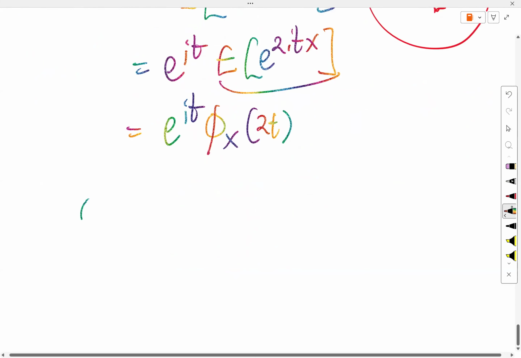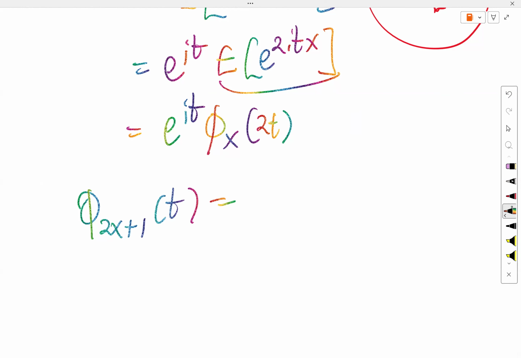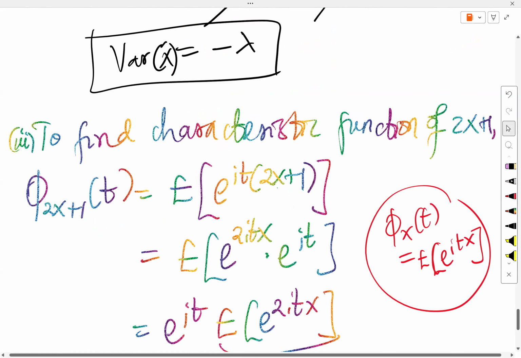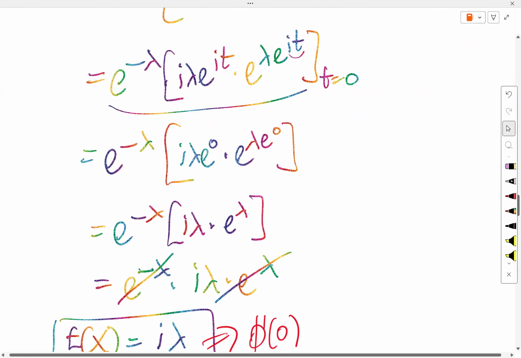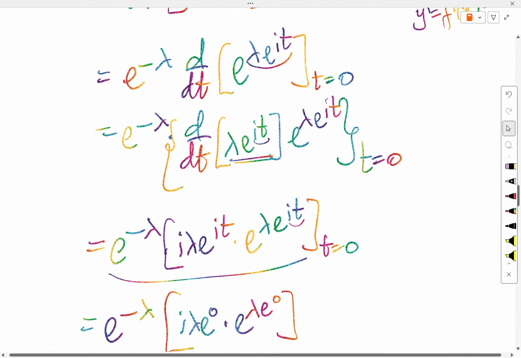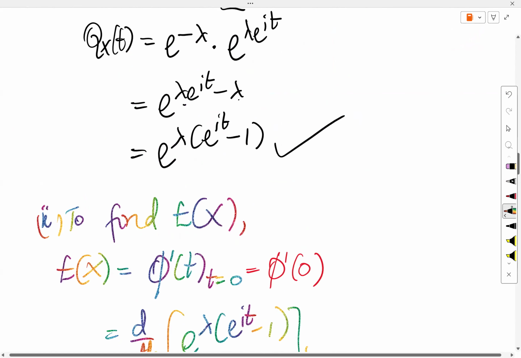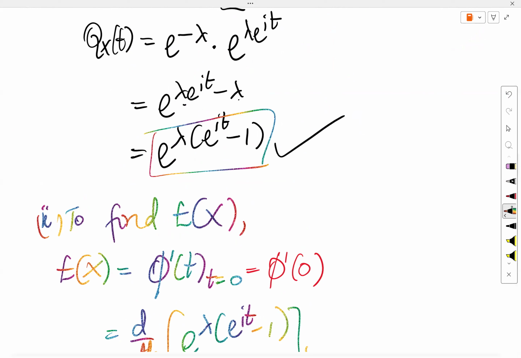And with this, we can simply say that the thing we're looking for, phi of 2x plus 1 of t, is simply the same thing as e raised to power it, multiplied by, you remember, the phi x of t that we got initially. The phi of x of t we got from scratch was e raised power lambda into e raised to power it minus 1.